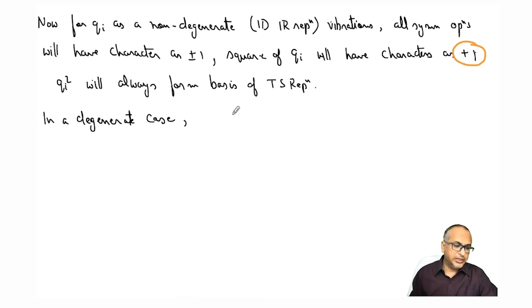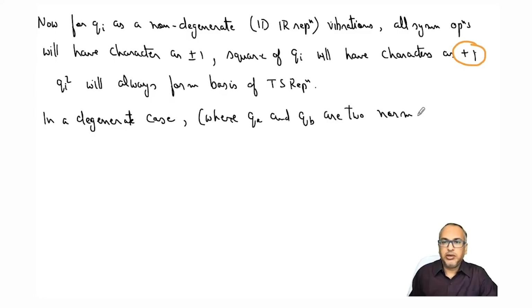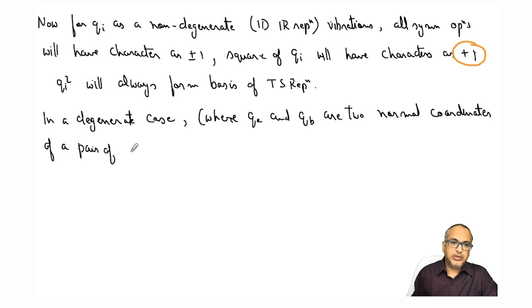So in a degenerate case where QA and QB, let's say there are two Q values for the corresponding degenerate case, are two normal coordinates of a pair of vibrations. Now degenerate vibrational mode means two vibrations will have the same frequency. Now those pair of vibrations will have two normal coordinates QA and QB, right?